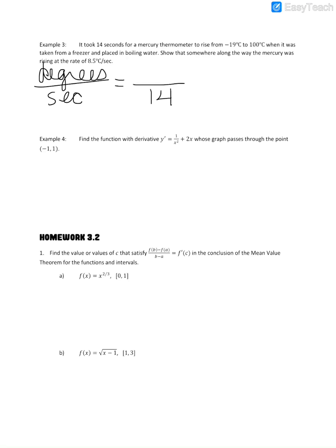It took 14 seconds to go from negative 19 to 100, but I'm going to subtract the other way, so it's positive. This gives me 119 over 14, which when you divide it is 8.5. So what this means is at some point it was rising at 8.5 degrees Celsius per second.